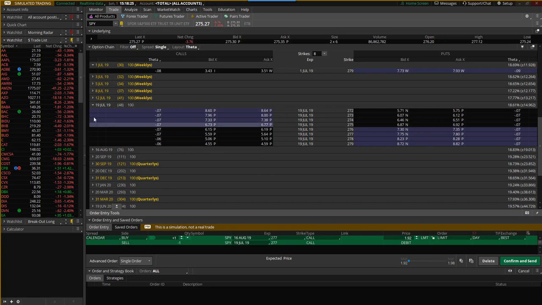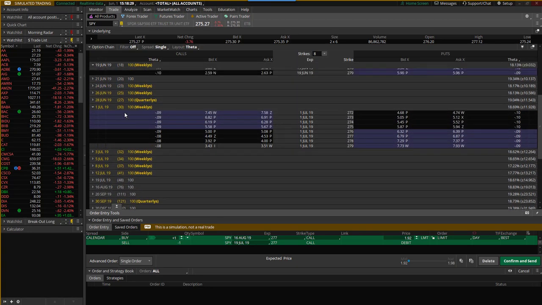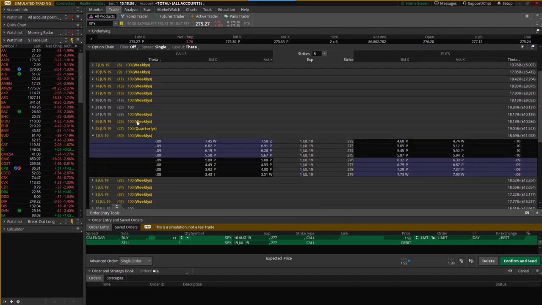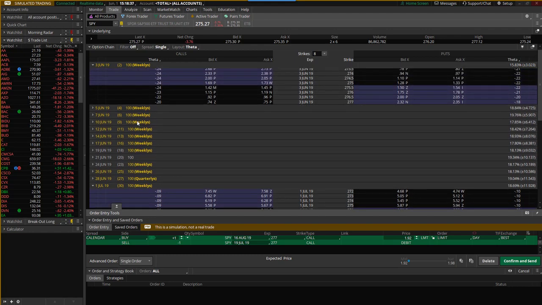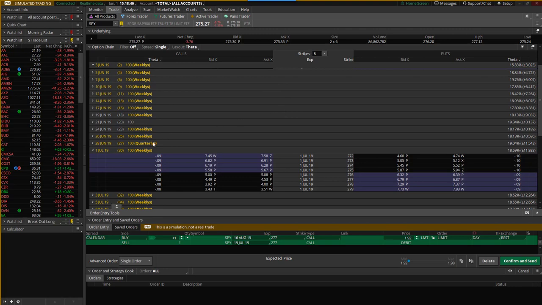Well, the really great thing about trading two different expirations is that when something gets very, very close to expiration, it has almost no value left in it. You can see that here we are, 2 days to expiration, and that 277 call, it's worth 75 cents. But this call here, the 277, with 30 days to expiration, this one still has a lot of extrinsic value, right? It's worth $4.53.